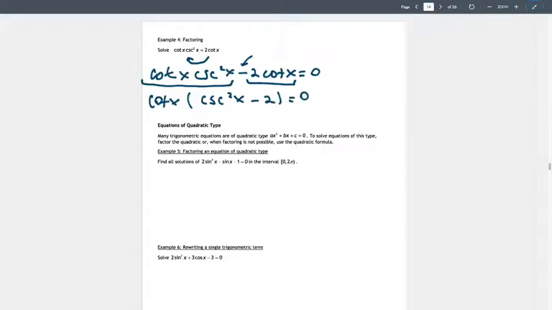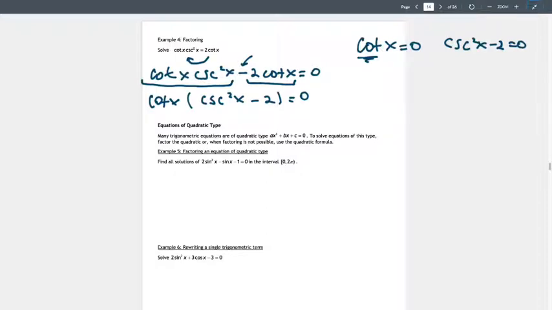And if you'll recall, anytime we factor in order to solve, we set each factor equal to 0. So I'm going to work this over here. So that means cotangent x equals 0. Also, cosecant squared x minus 2 equals 0. And now I'm going to continue solving this by thinking about when I take the cotangent of an angle, when do I get 0?